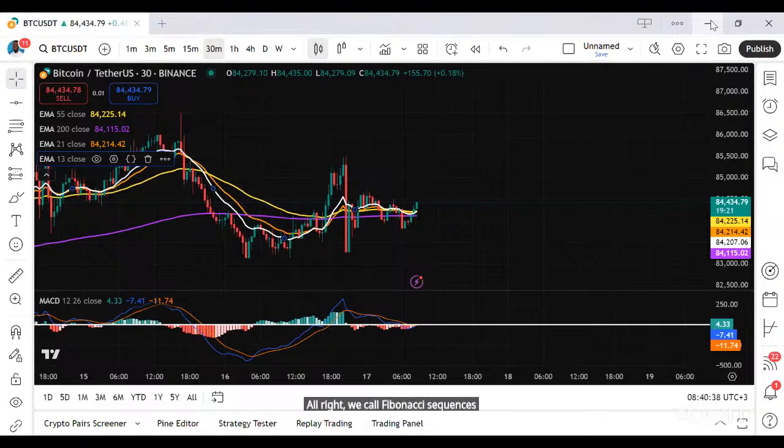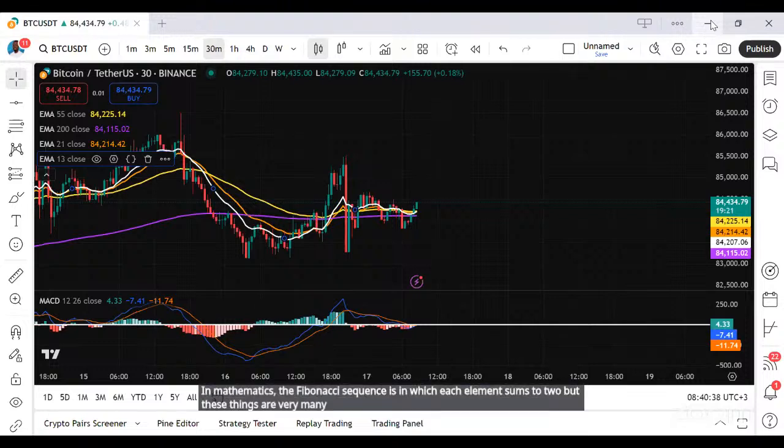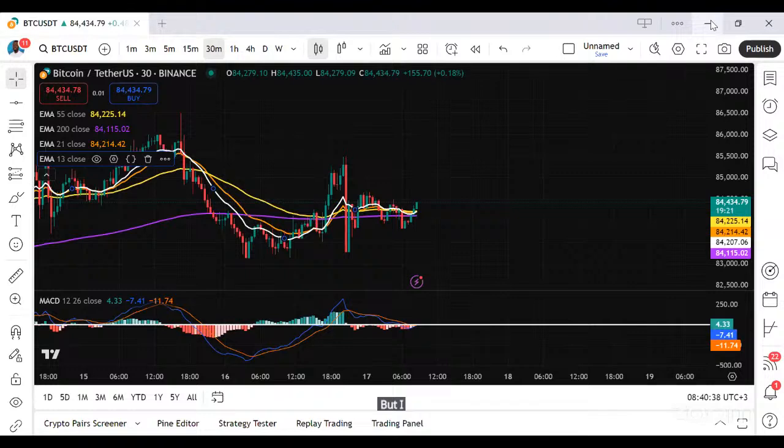But if we check on Wikipedia, in mathematics, the Fibonacci sequence is one in which each element is the sum of the two preceding ones, but these things are very many. I may not go into details. I'm not a mathematician.